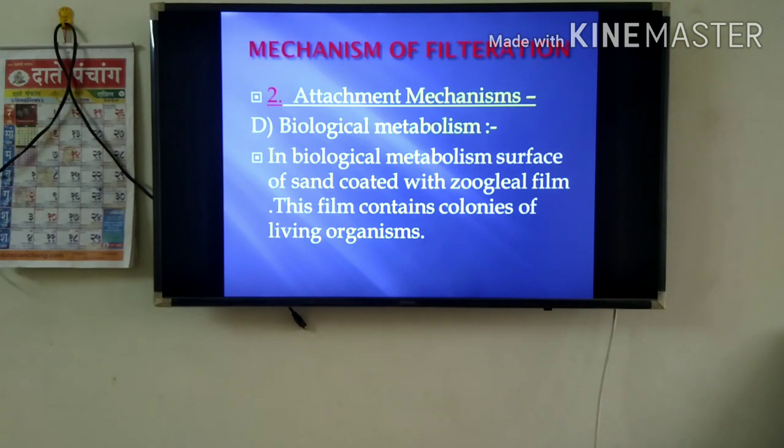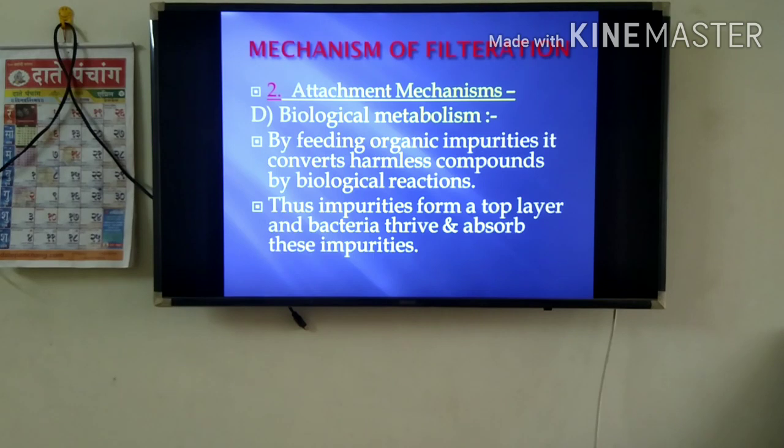This film contains colonies of living organisms. By feeding on organic impurities, it converts them into harmless compounds by biological reactions. Thus, impurities form a top layer and bacteria thrive and absorb these impurities.